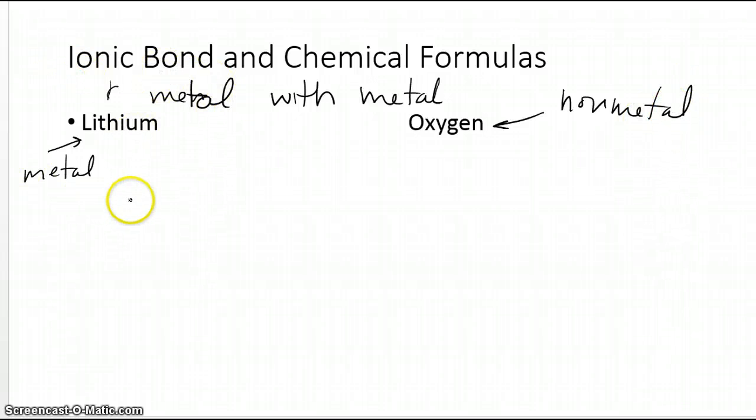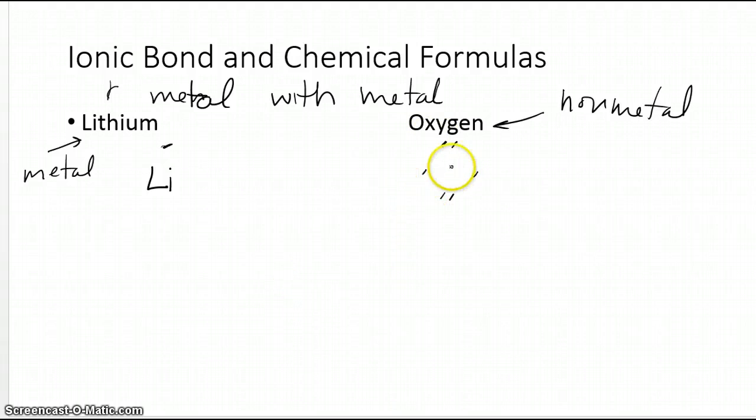So we'll start off by drawing these out a little bit. Lithium, I like to always draw the Lewis structure. Remember, it has just 1 electron in its valence shell. Oxygen, on the other hand, if I draw the Lewis structure of oxygen, has 6 valence electrons in its electron shell.